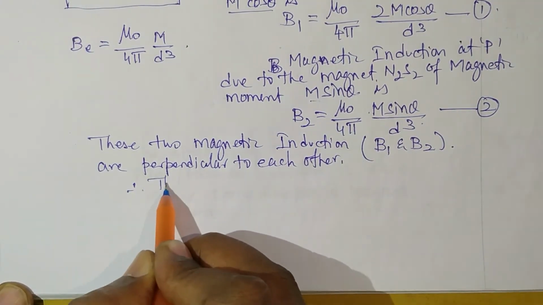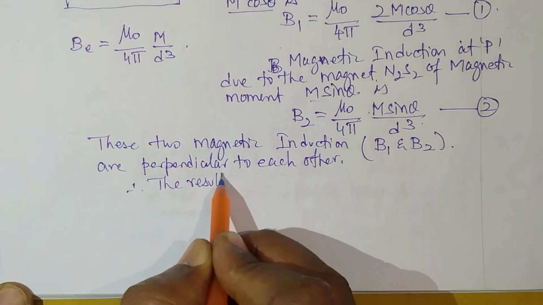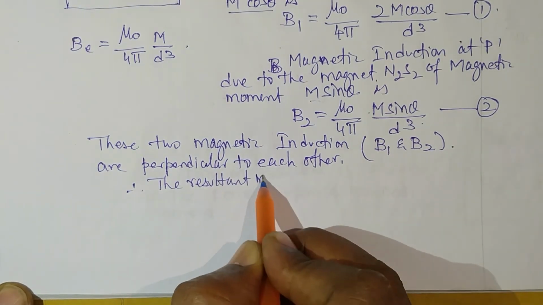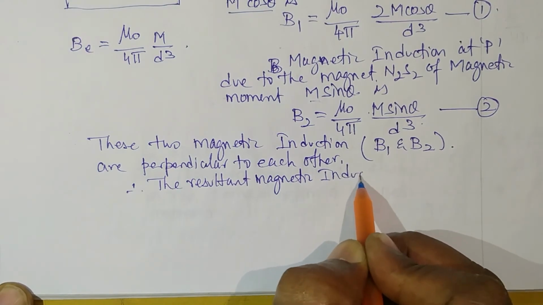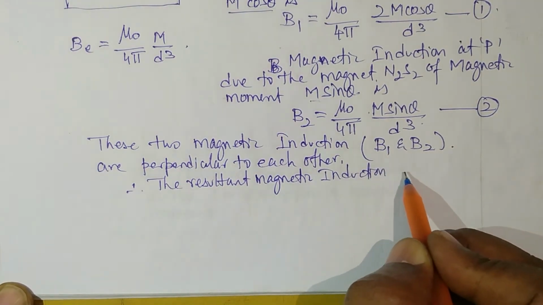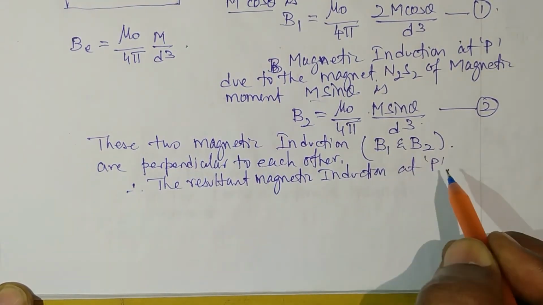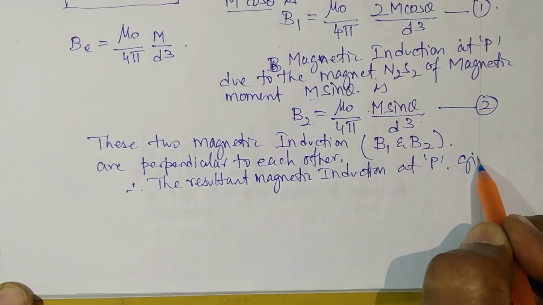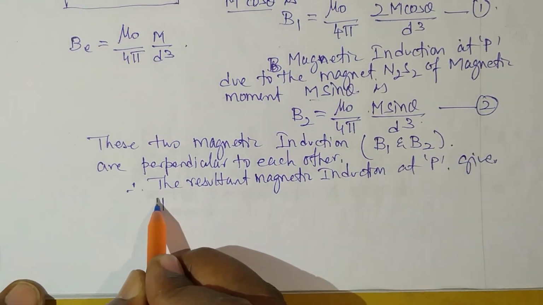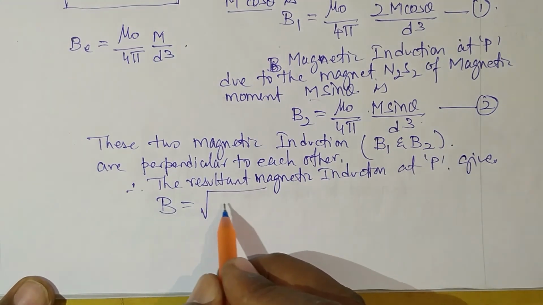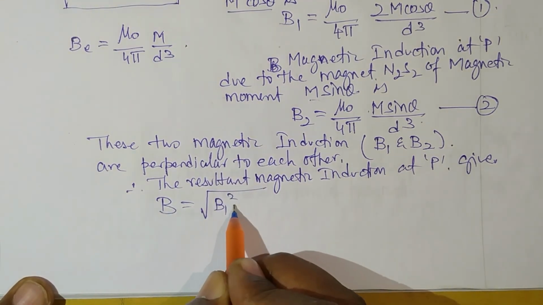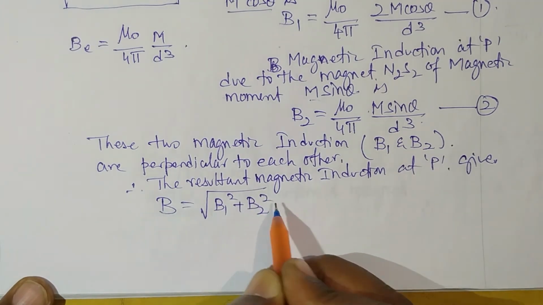Therefore, the resultant magnetic induction at P is given by, how can we write it? The resultant magnitude: since the vectors are perpendicular to each other, the resultant will be the square root of B1 square plus B2 square.